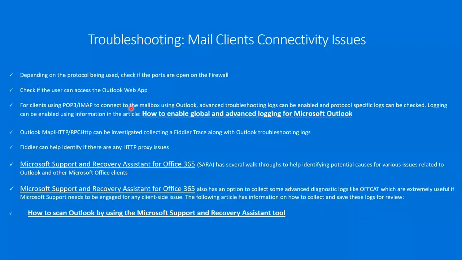So once you get the SARA report, it will give you probable reasons for what could possibly be wrong with the client which is trying to submit that email. This link will help you understand how to scan Outlook by using the SARA tool, and the different options that are available to diagnose the client issue.